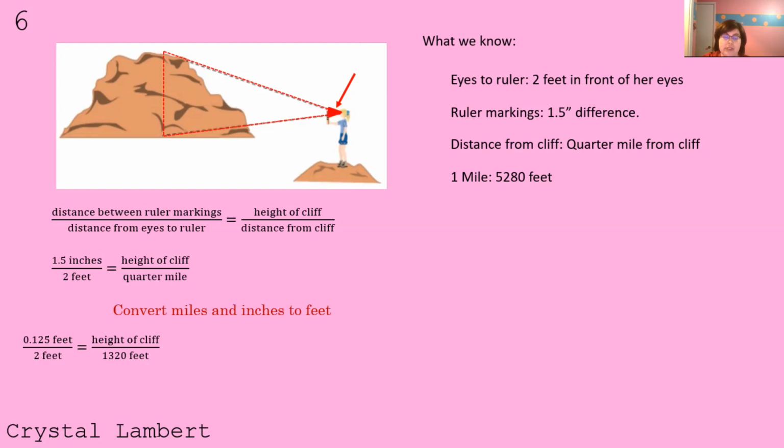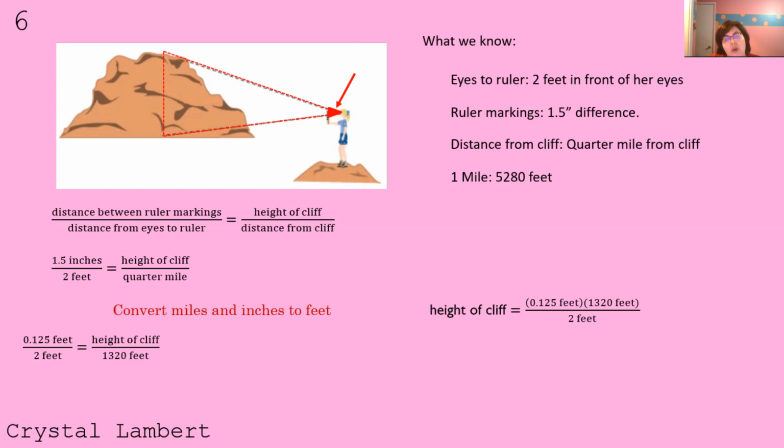And that is equal to the height of the cliff divided by, well, in this case, we have to take what's a mile? 5,280 feet. And we're going to divide it by 4 because she's only a quarter of a mile. So we divide it by, no, 1,320 feet. Wow, I'm off my game tonight.